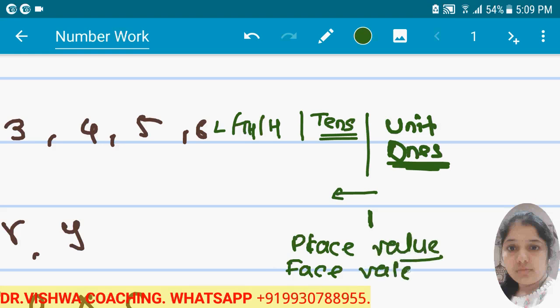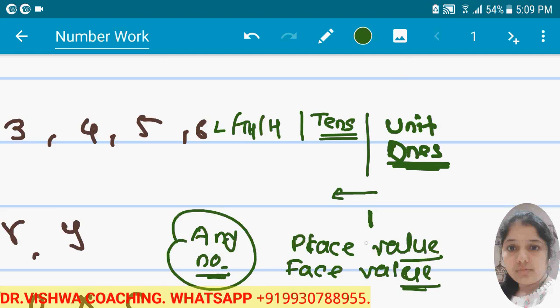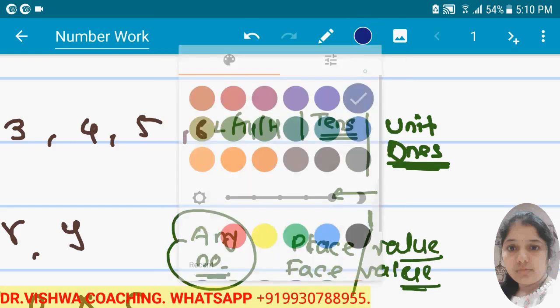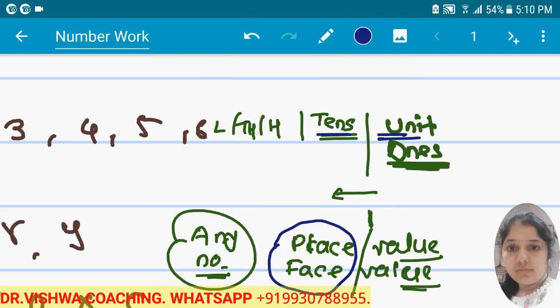Whenever I write a number, there are two different things about any digit: place value and face value. What is meant by place value and what is meant by face value? Place value means the place where the digit is placed, whether at unit, tens, hundred, thousand or lakh position. And the face value is the value of that digit itself.